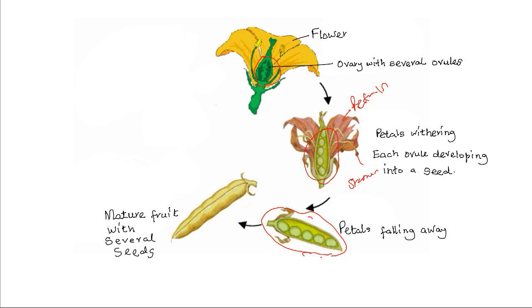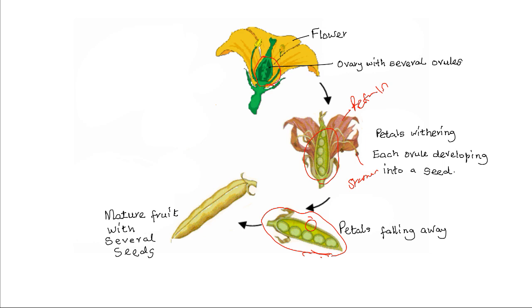Now, the different types of fruits. A fruit is not necessarily succulent. Even this pod that you see here is a fruit. It's only that the walls are not succulent, so they do not really appear as the typical succulent fruits. But remember, in all plants, the fruit develops from the ovary.